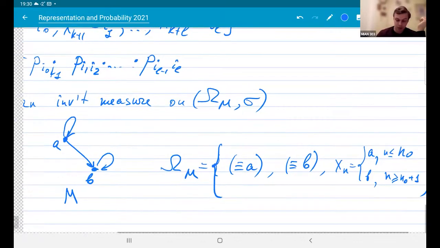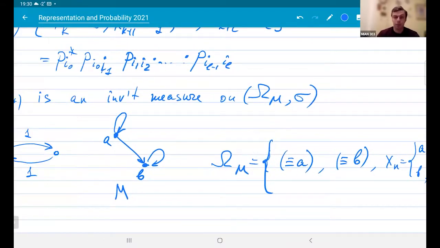Well, let's write down some probabilities for this M. Because from B we can go on to B, here we should have probability 1, and here we can write down whatever we want. Let us assume that this arrow has nonzero probability on it, so let's say q here and 1 minus q here.